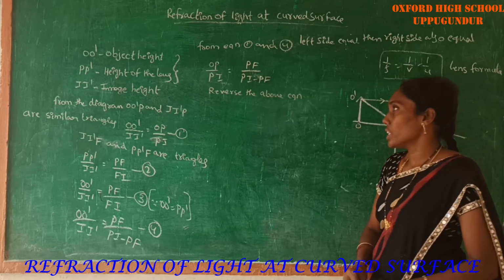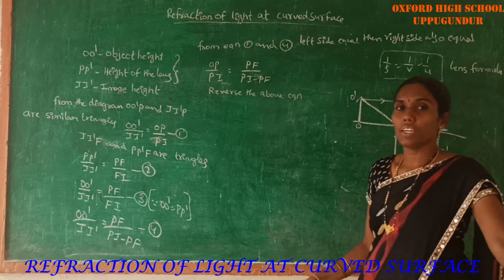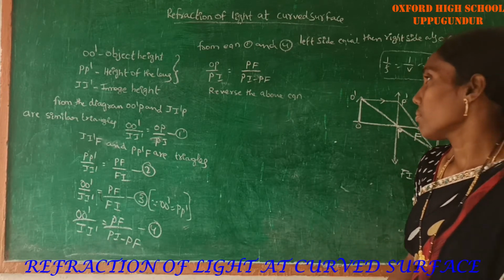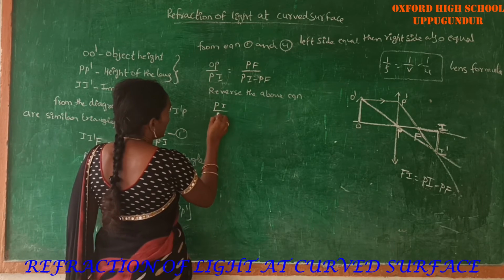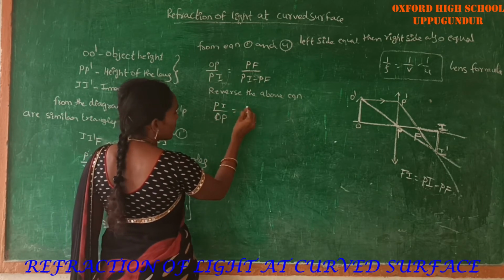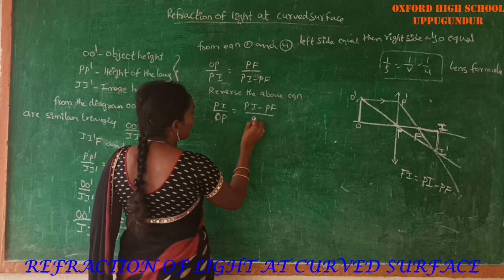Reverse the above equation. Here OP by PI is equal to PF by PI minus PF. Then PI by OP is equal to PI minus PF by PF.